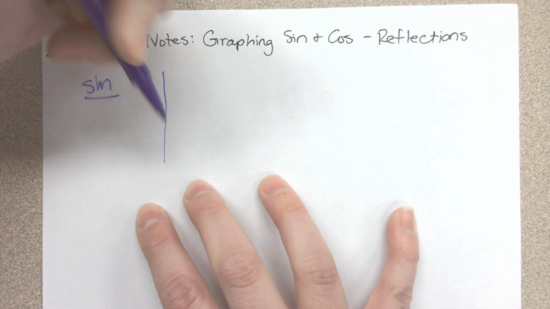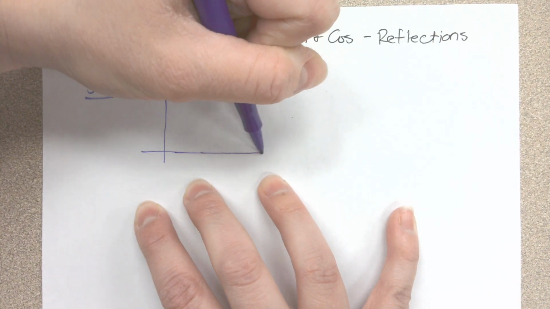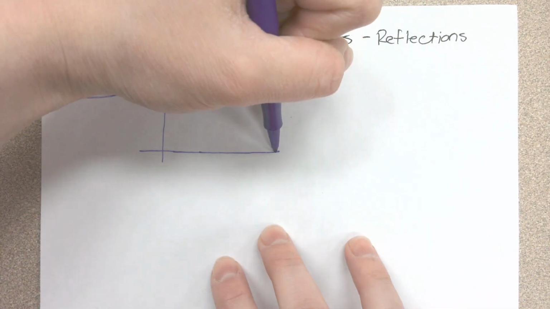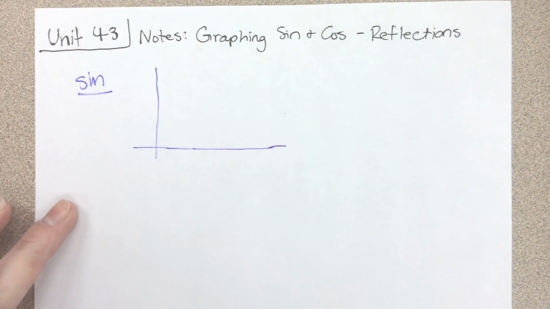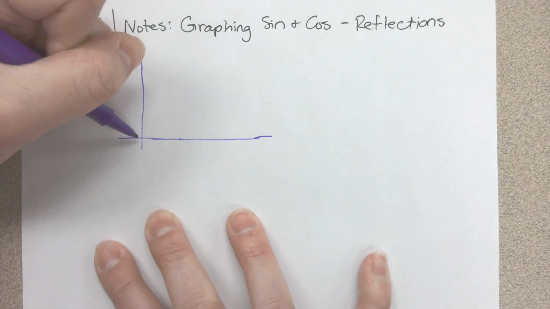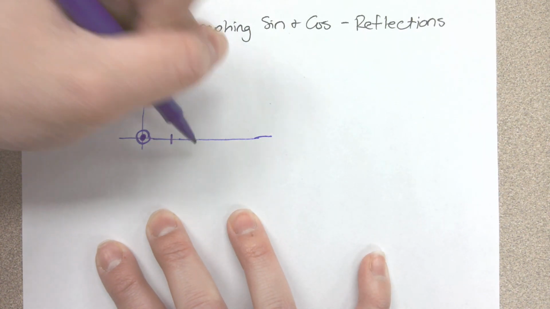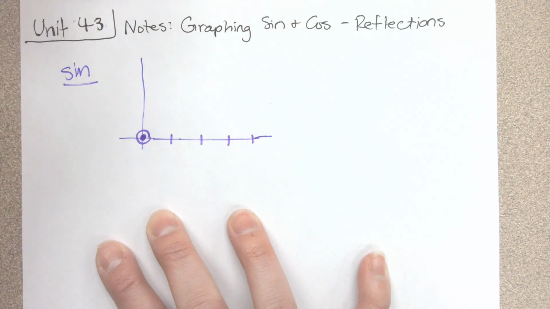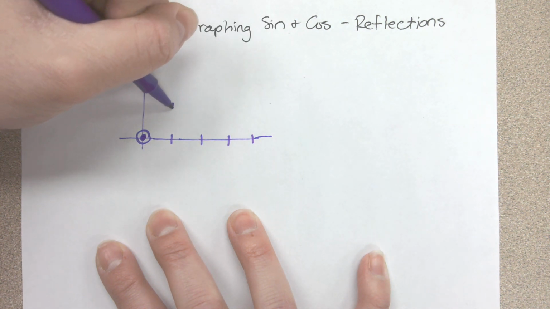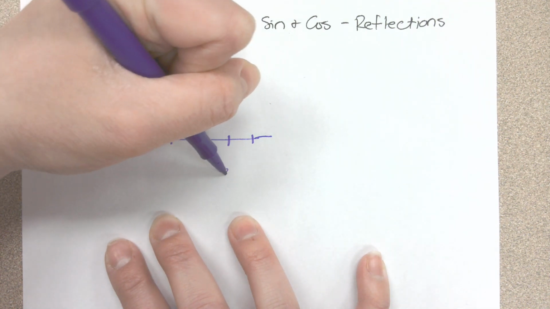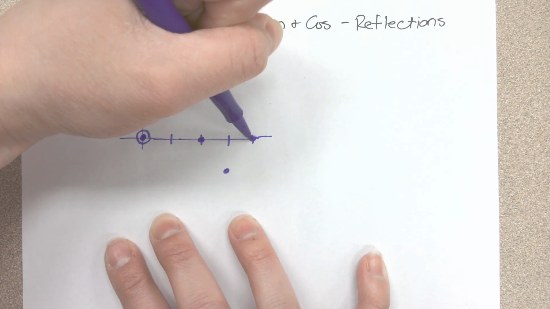So the sine graph, and just like before, I'm just doing that very basic drawing, nothing complicated here. Sine starts at its origin, and if we have 4 intervals, it goes up to its maximum, to the midline, down to its minimum, back up to the midline.